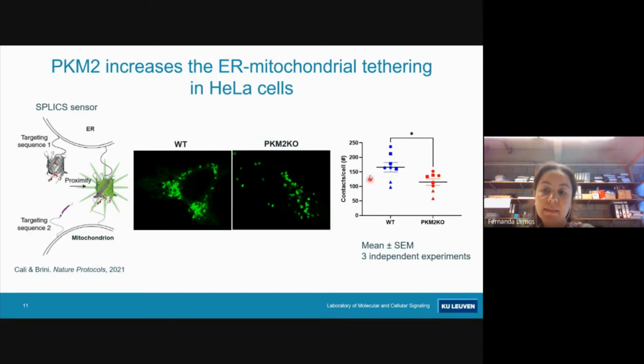We quantified this, and this difference is statistically significant, which means that the difference that we saw in the mitochondrial calcium uptake between the wild type and the PKM2 knockout cells cannot be explained by any difference in the ER mitochondrial tethering.